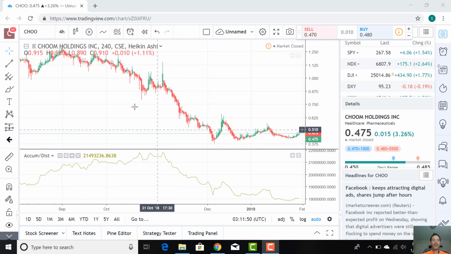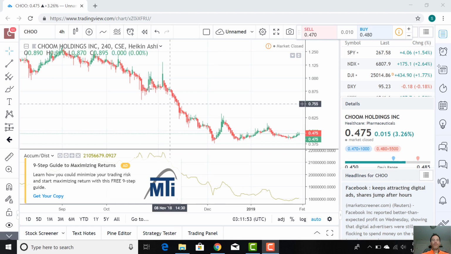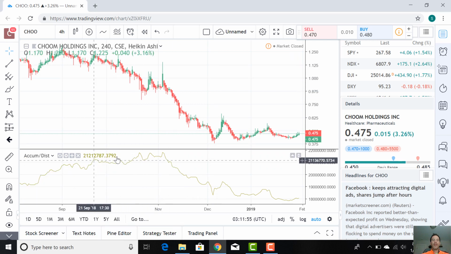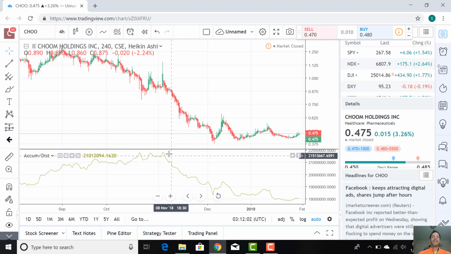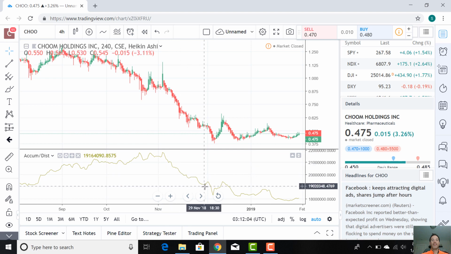We'll zoom in a little bit here, and you can see that during this big downward period, initially we haven't had a lot of movement on the accumulation distribution. Then it followed. It doesn't really lag similarly to some of the simple moving averages out there.